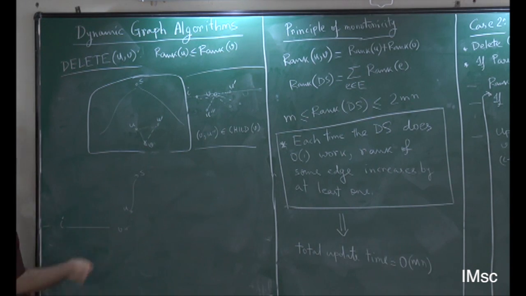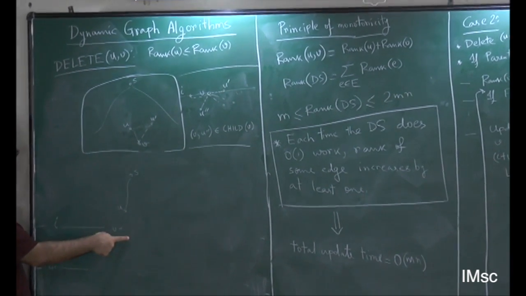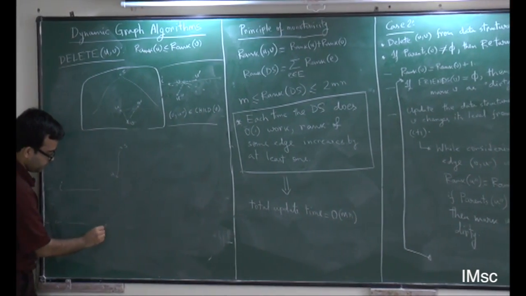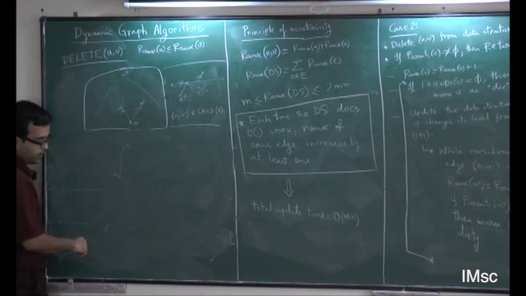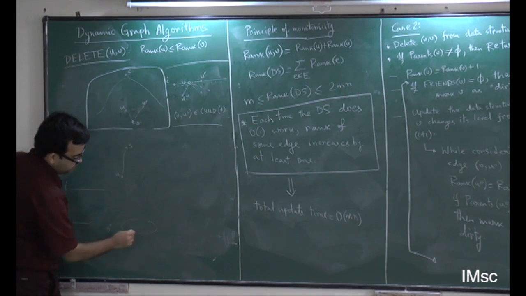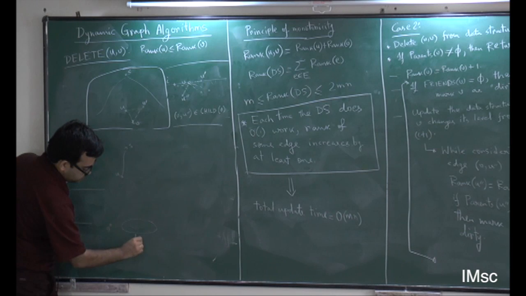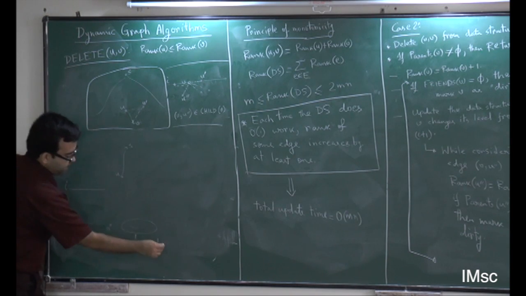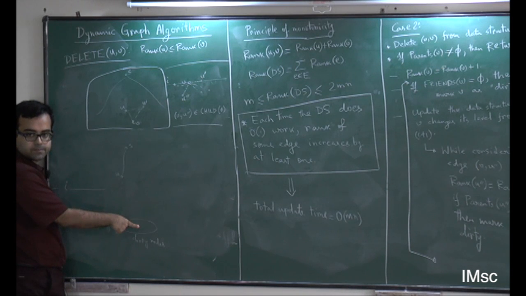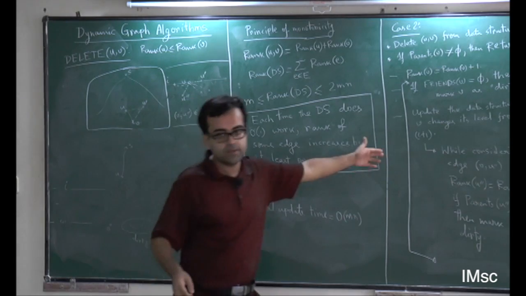In the more interesting case where u v was V's only parent, V has dropped to level I plus 1 and now it has resulted in a bunch of dirty nodes. All these dirty nodes are in level I plus 1. Now, V might or might not be part of this list. This is what has happened, right?